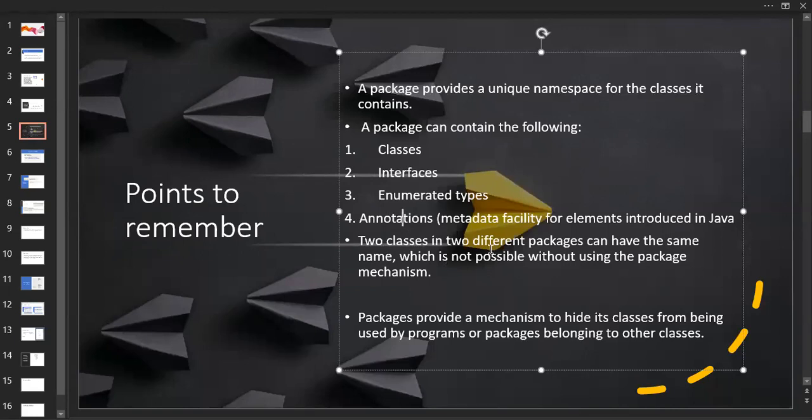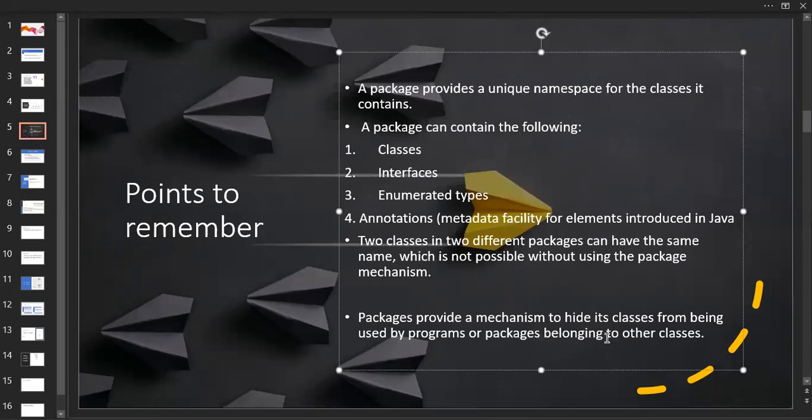Two classes in two different packages can have the same name. This is what I discussed. In two different packages, in two different folders, you can create with the same name. But inside one folder, it is not possible to create with the same name, which is not possible without using the package mechanism.